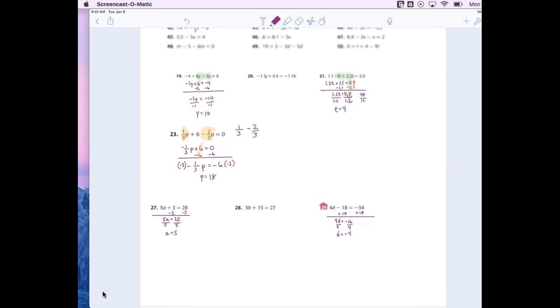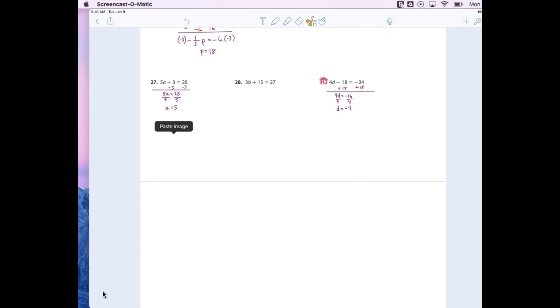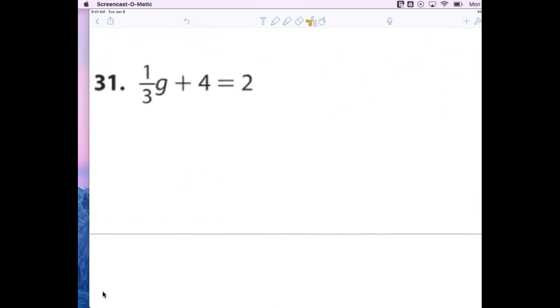Okay, 31. Justice. All right, so let me pull it down real quick. You do 1, 2, 3, plus 4, 6, 4, and then you subtract 4. Good job, buddy. 2 minus 4 is what?